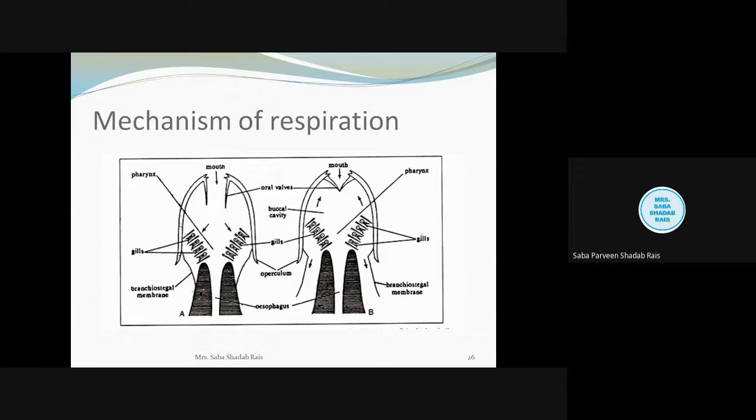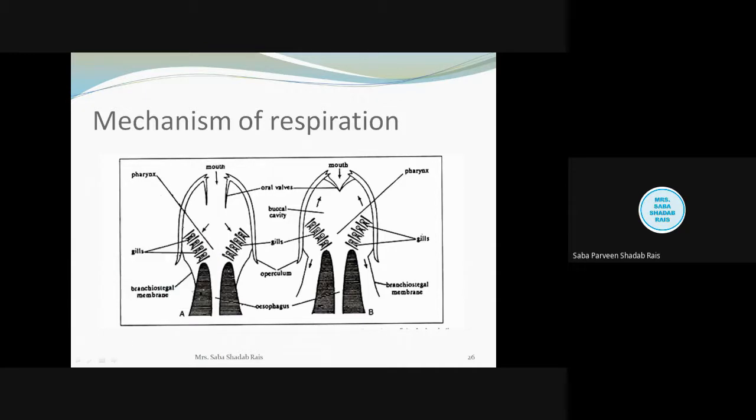Okay, thereafter what is going to happen, this oral valve will be open, and when the oral valve is open, now you can see what is going to happen, water will enter. But imagine if from one side it is going to close, so automatically suction will come. Understood? So because of this suction pump, water will enter at a faster rate. Imagine this situation.